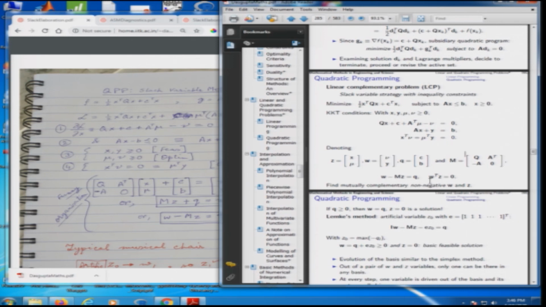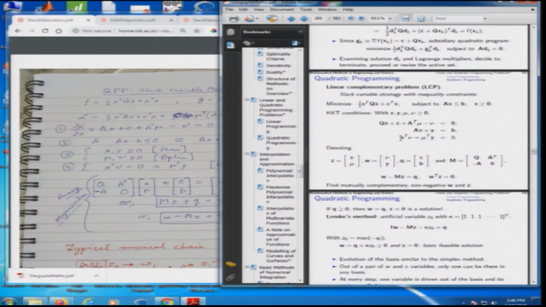Now, the entire problem boils down to finding non-negative w's and z's which satisfy these complementarity conditions and this system of linear equations, that is all.